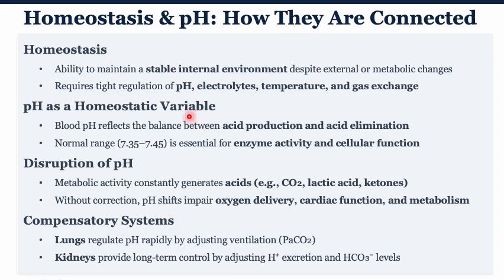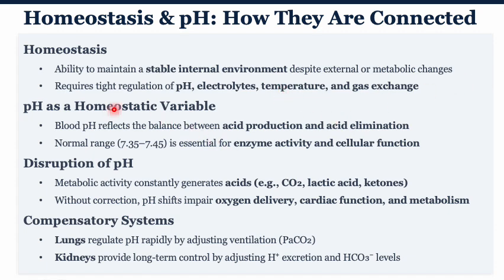So this slide discusses homeostasis and its correlation with pH, how they are connected. Homeostasis, remember, is the ability to maintain a stable internal environment despite any external or metabolic changes.